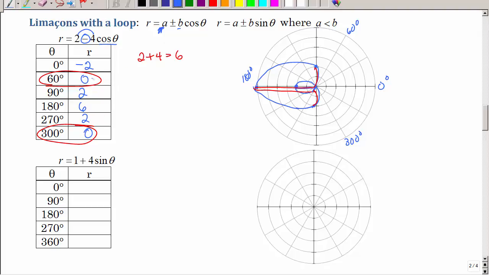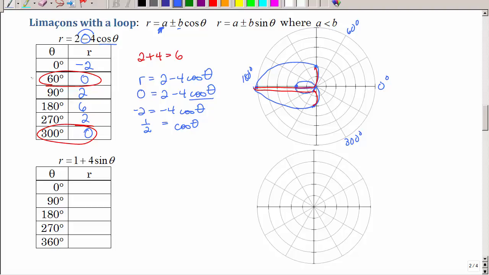Now let's look at the math, because we're going to have to do that on the next example. Basically it says, when does r equal 0? So you're solving this equation. If you let r equal 0, how could I solve for cosine theta? Well, I'm going to subtract 2. I'm going to divide by negative 4 and get 1/2. So where does the cosine equal positive 1/2?